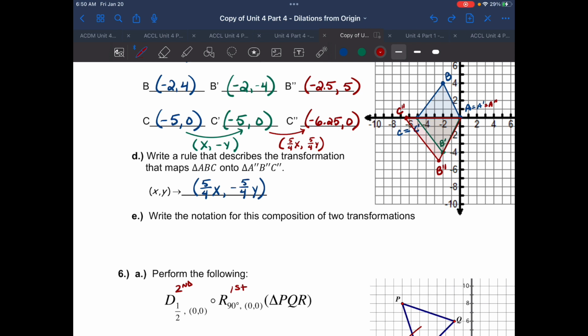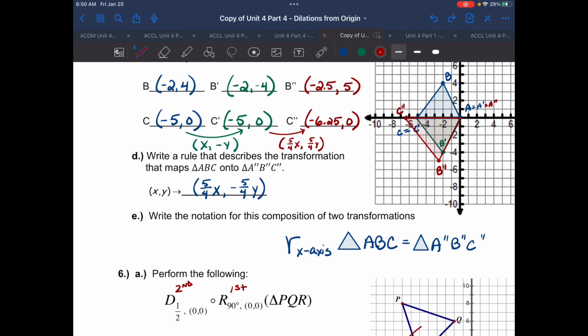So what I'm going to start off by saying to you is, what was the first transformation and what letter do we use for it? Well, the first transformation was a reflection over the x-axis, so we're going to use the lowercase r. So I'm going to start off with the reflection over the x-axis. Now, I'm also going to add pre-image and image, okay?